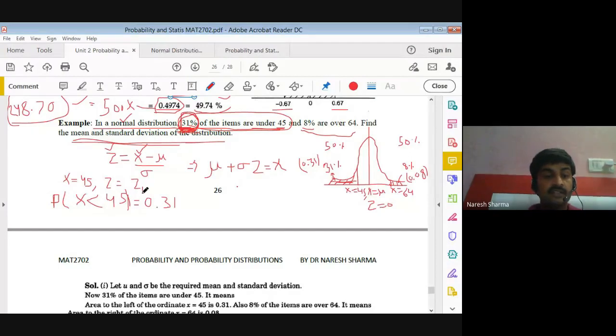So we may write this as z1, or you may write minus z1 if you like, because this lies on the negative side of this normal distribution curve. It's your choice.